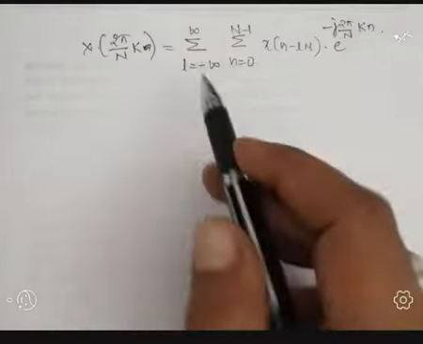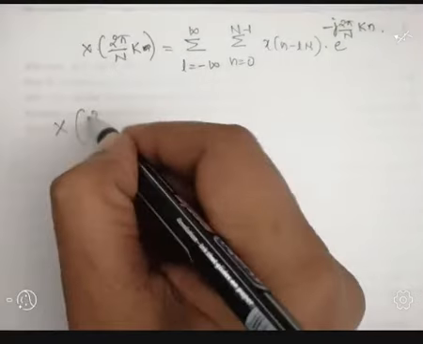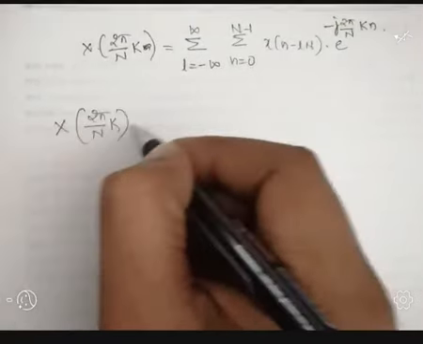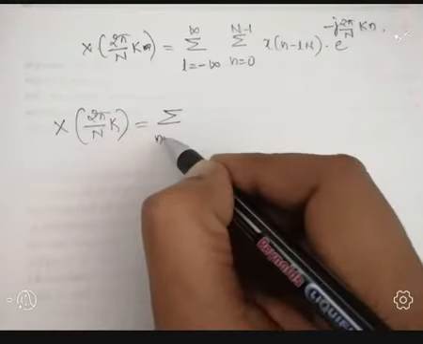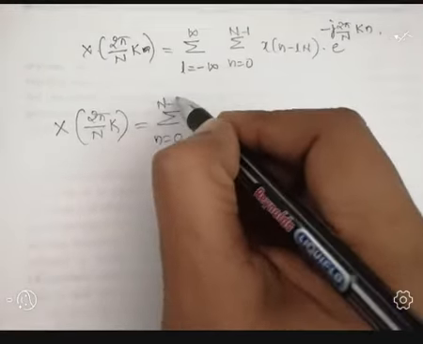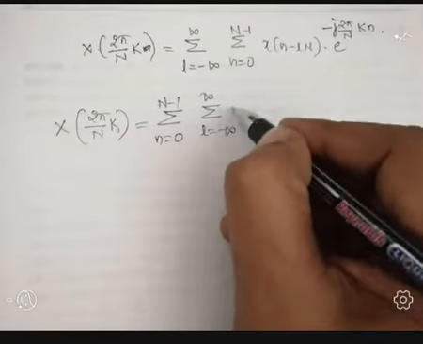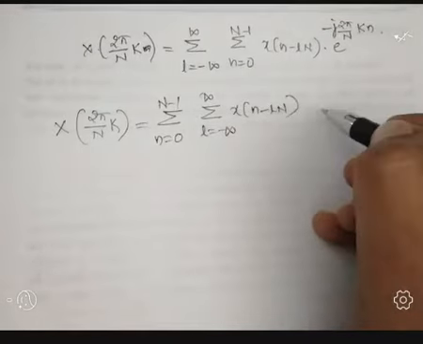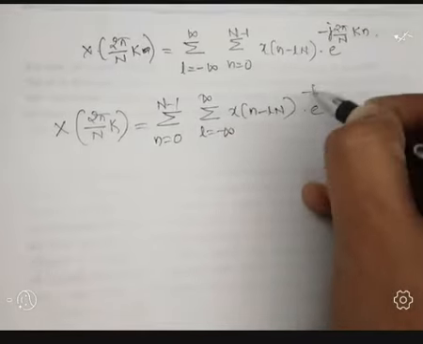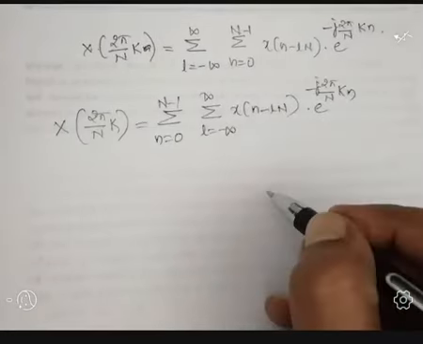So let us rearrange the order of summation terms. The above equation becomes x of 2 pi by N into k is equal to, I will take this outside, summation n equal to 0 to N minus 1, summation l equal to minus infinity to plus infinity, x of n minus lN multiplied by e to the power minus j 2 pi by N into kn.